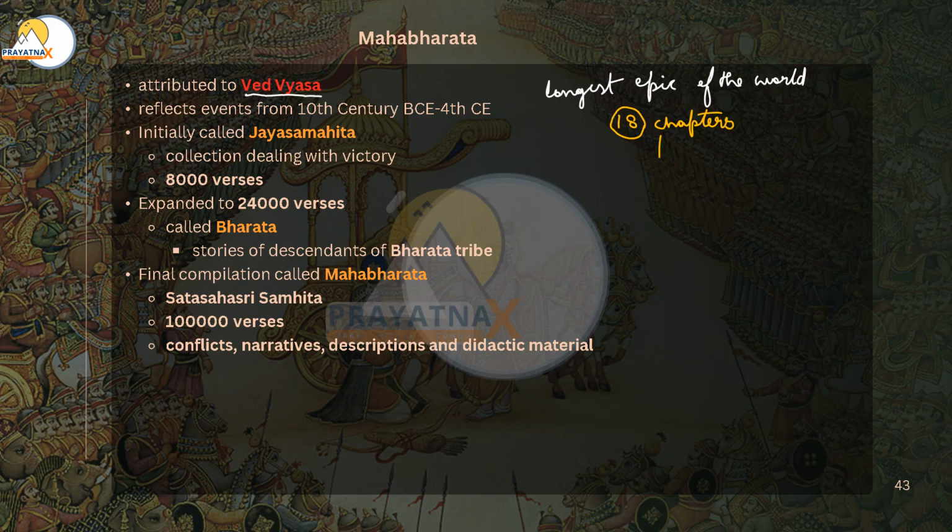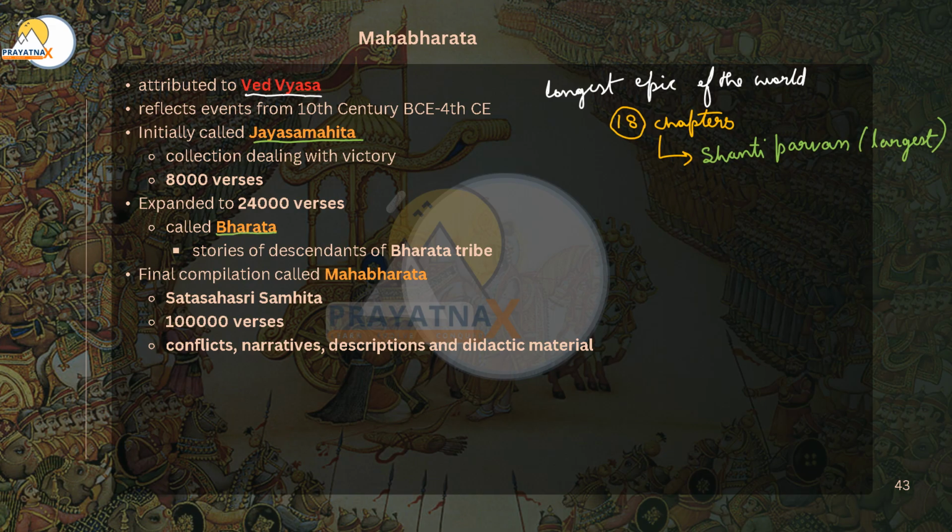Now, out of these chapters, the Shanti Parvan is the largest. Originally, it had about 8,000 shloks under the name of Jai Samhita, and later on it was called Chaturvinshati Shastri Samhita, or simply Bharata.